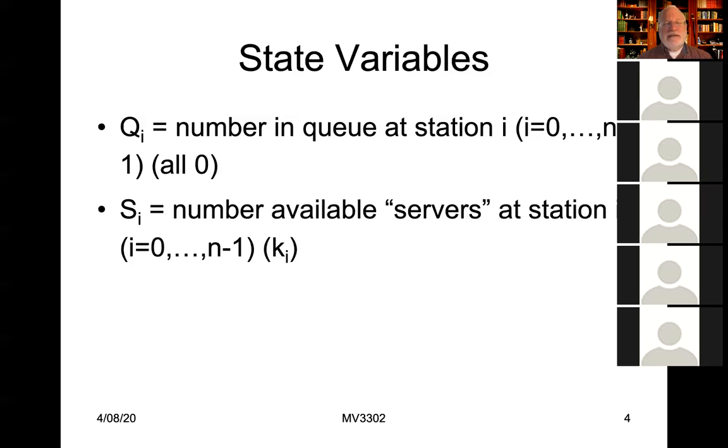So likewise, the number of available servers would be an array of integers of length n, and the initial value for the number of available servers at workstation I would be k sub I. In other words, at the ith workstation, you start off with k sub I available servers, or sometimes I'll refer to them as machines, because that's typically what you have there.